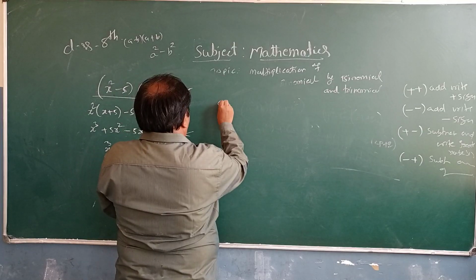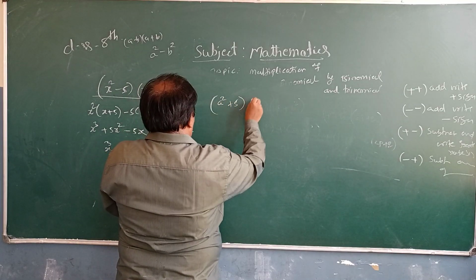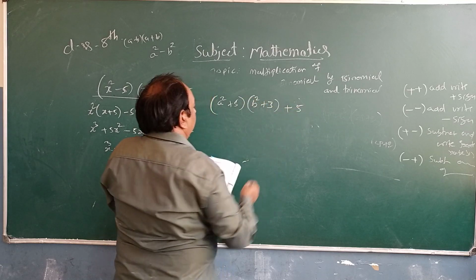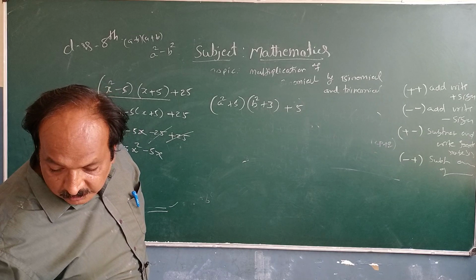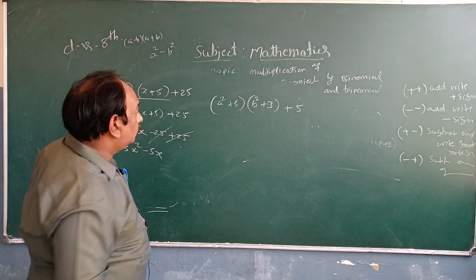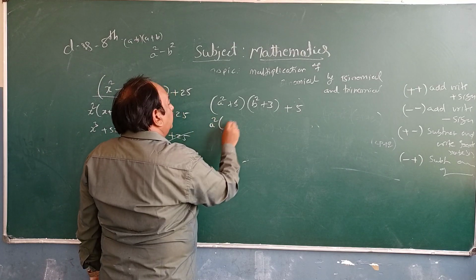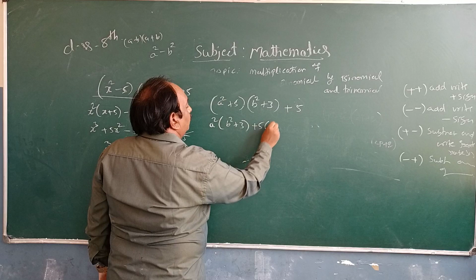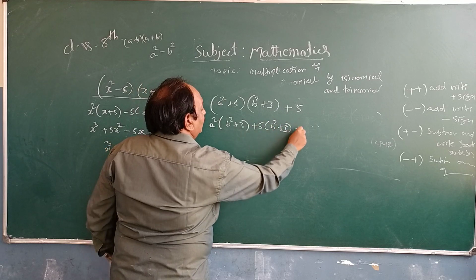(a square plus 5) into (b square plus 3) plus 5.